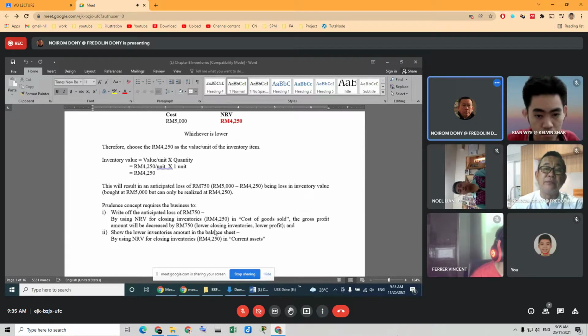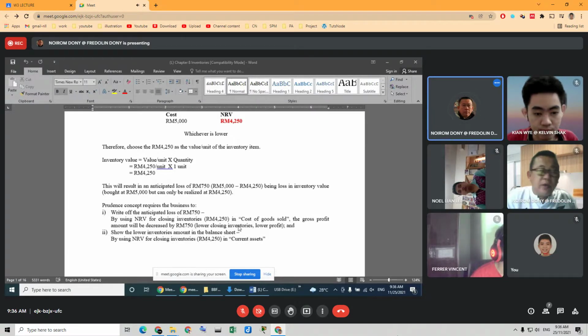A lower closing inventory makes the profit lower by 750, and shows the lower inventory amount in the SOFP, the Statement of Financial Position. This balance sheet is an old term. We use NRV for closing inventory in the current assets.